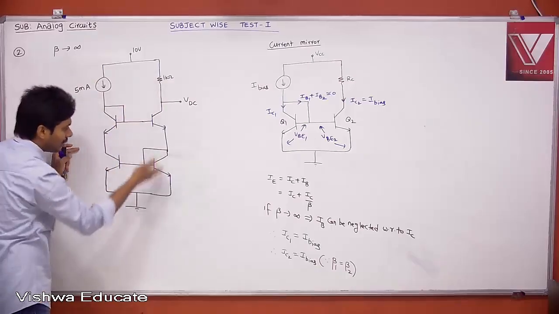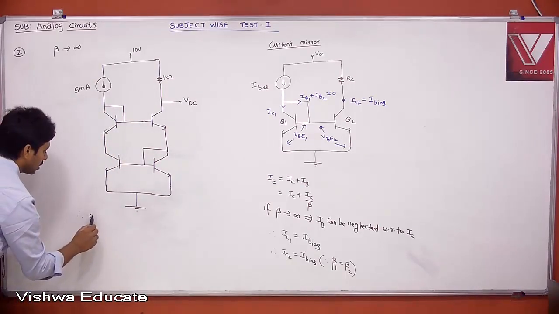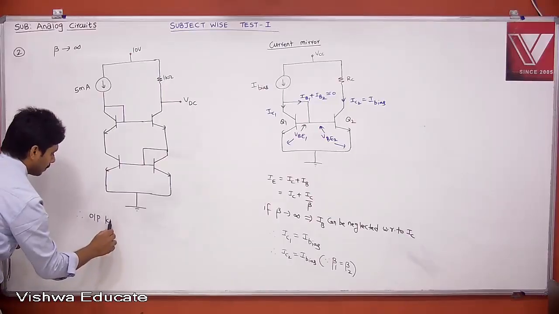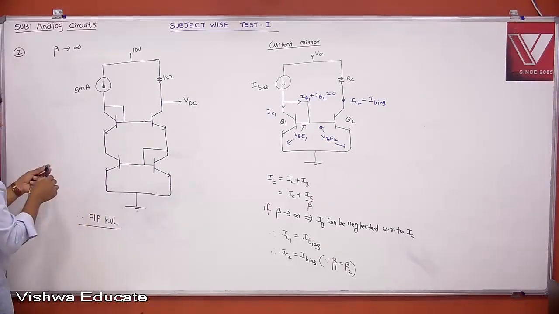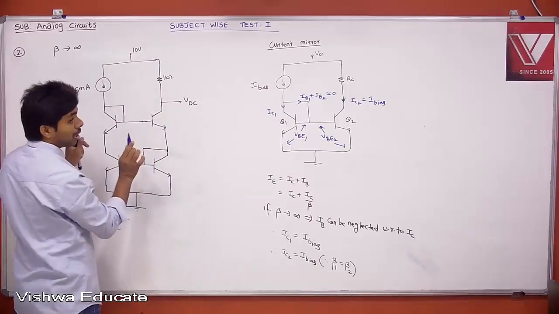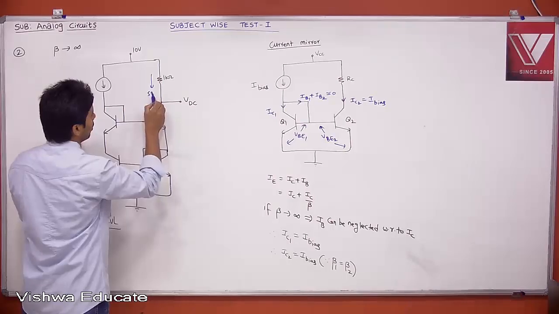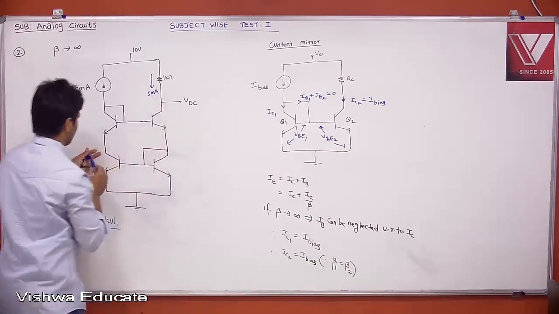5 milliampere, 5 milliampere. Then what is your VDC? Therefore, output KVL. Because what is your output current? Now your output current is nothing but the same thing, if all are identical. That is very important. Same current is flowing because this is a current mirror.